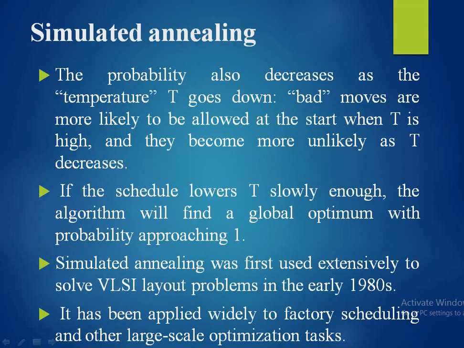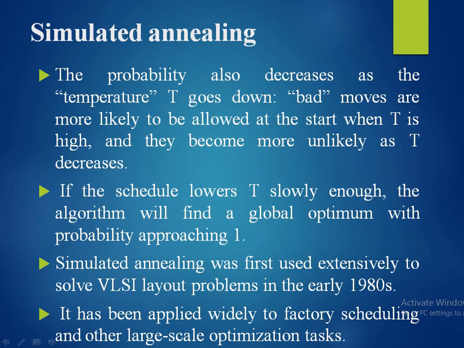The probability also decreases as the temperature T goes down. Bad moves are more likely to be allowed at the start when T is high, and they become more unlikely as T decreases. If the schedule lowers T slowly enough, the algorithm will find a global optimum with probability approaching 1.